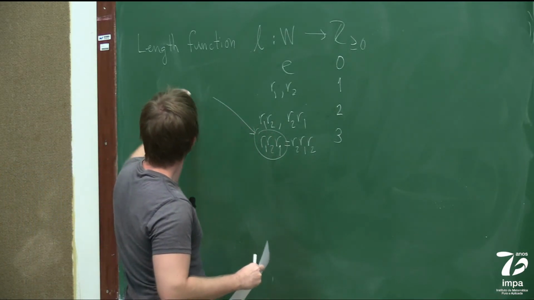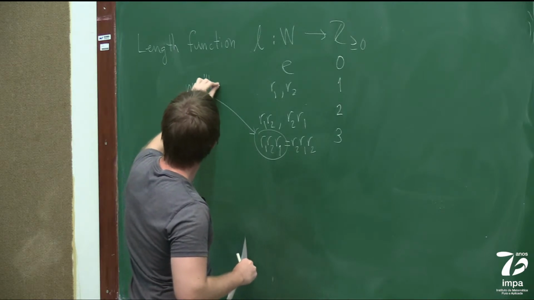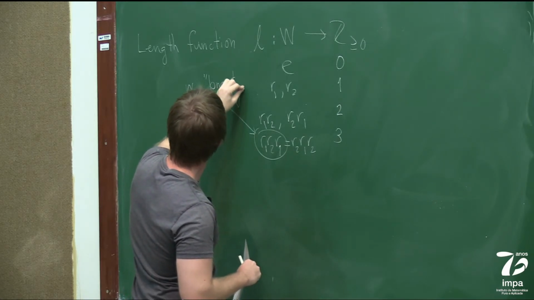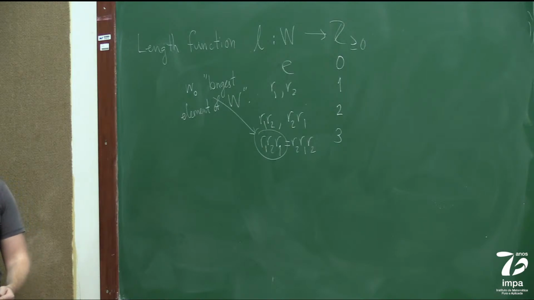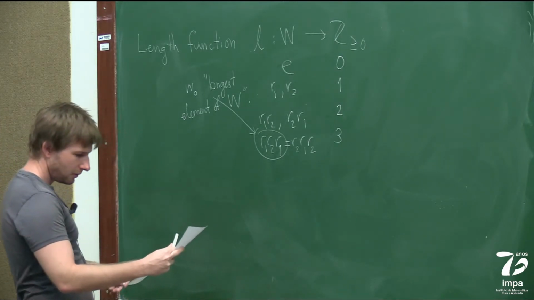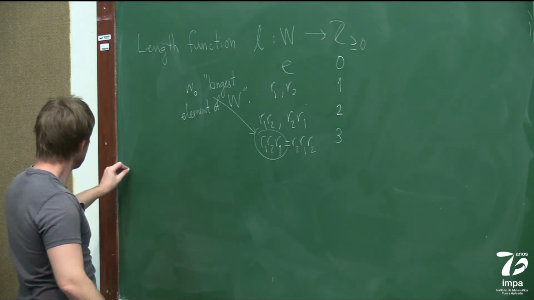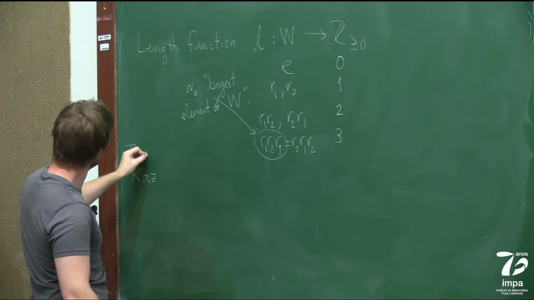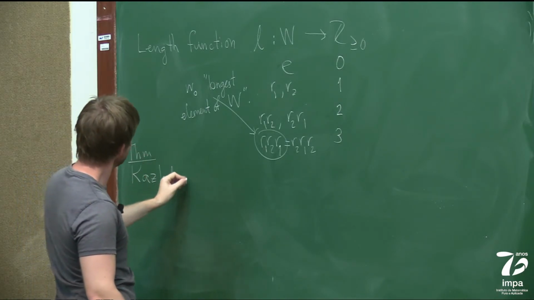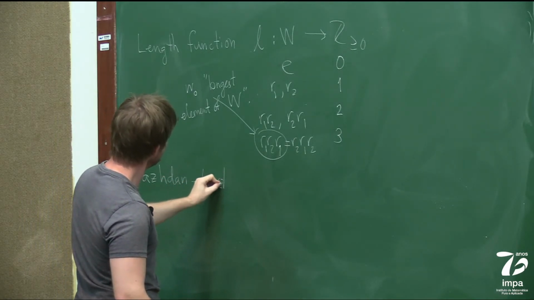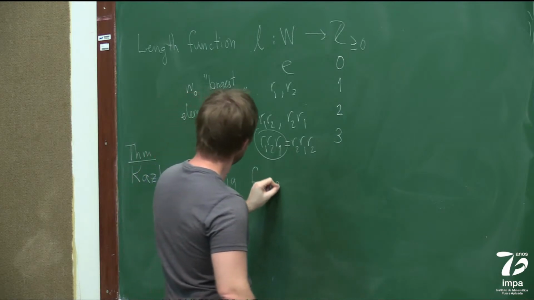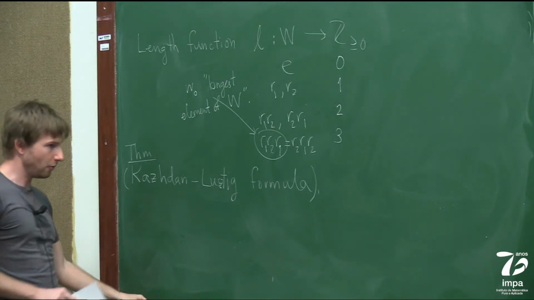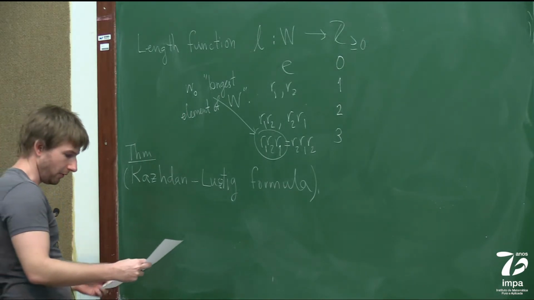This element is the so-called longest element of W, which we call w0. So this Kazhdan-Lusztig formula, which is now a theorem, says the following.